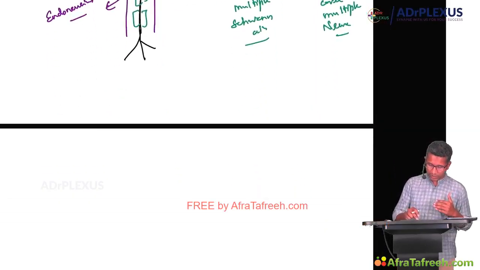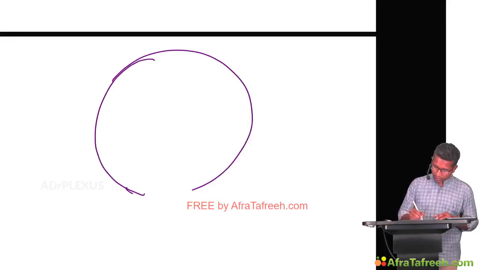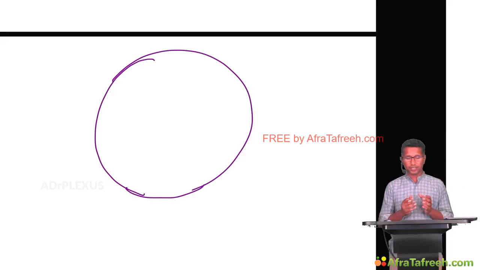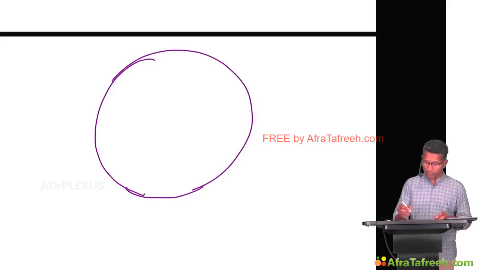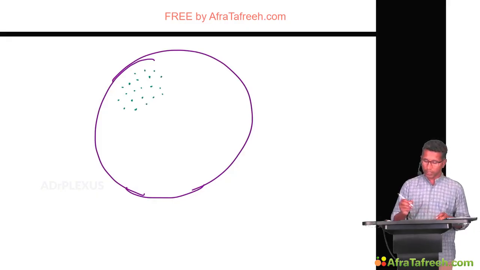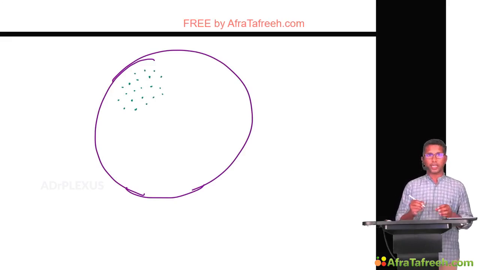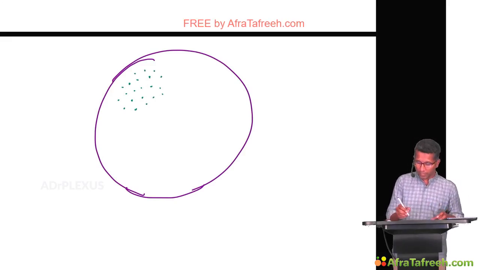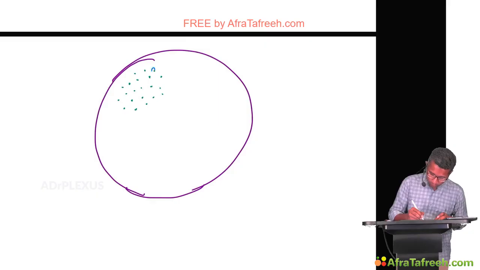So when I make a section of the nerve, this is the histology of a nerve. You see the axons here, surrounded by myelin sheath. I am drawing an axon with the myelin sheath, and each of these axons is surrounded by an outer covering called the endoneurium.